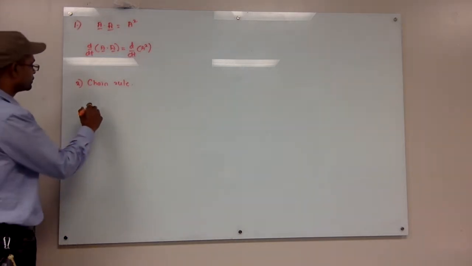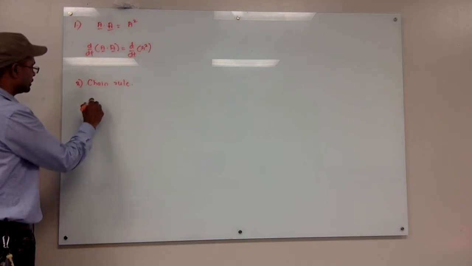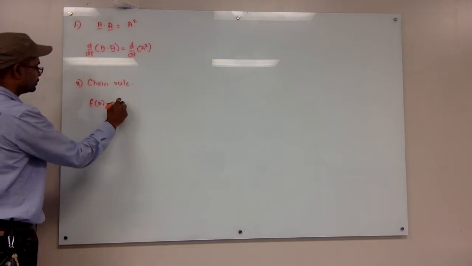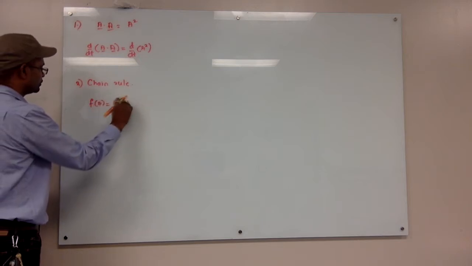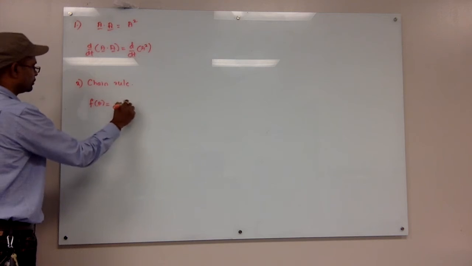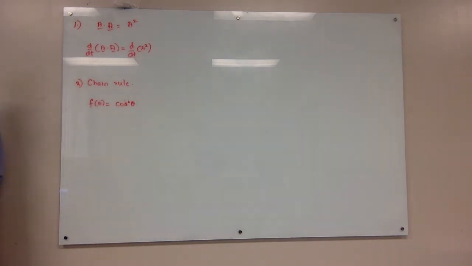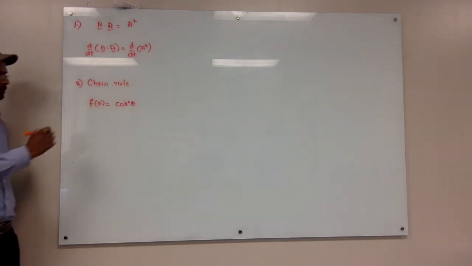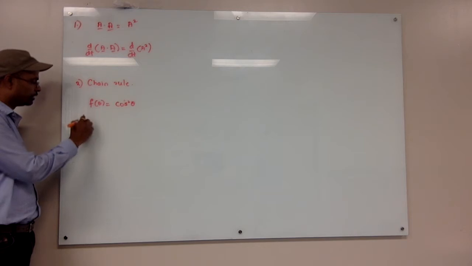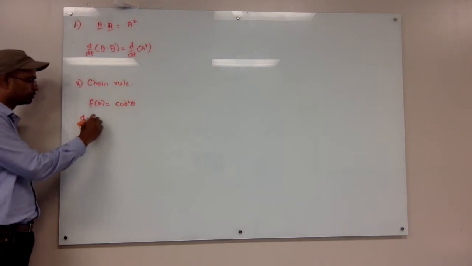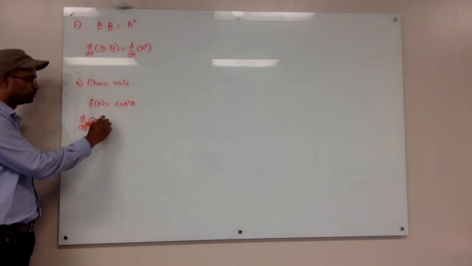So, for example, let's say there's a function of theta which is equal to cosine square theta, right? What is the derivative of this? What is the derivative d over d theta of f of theta?